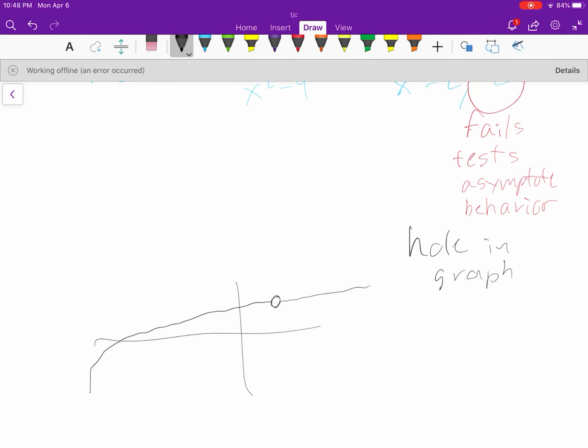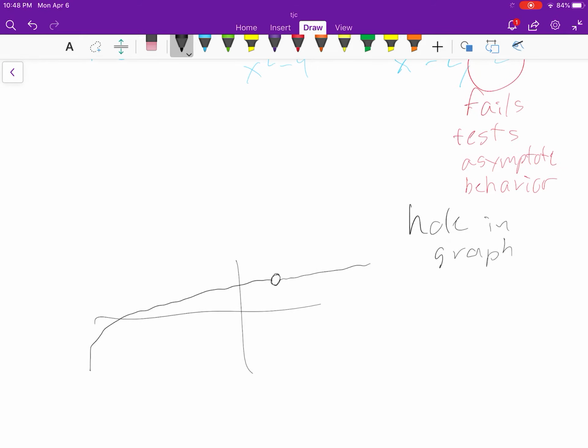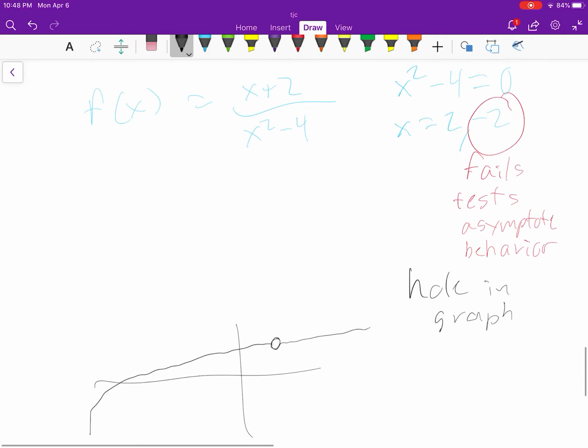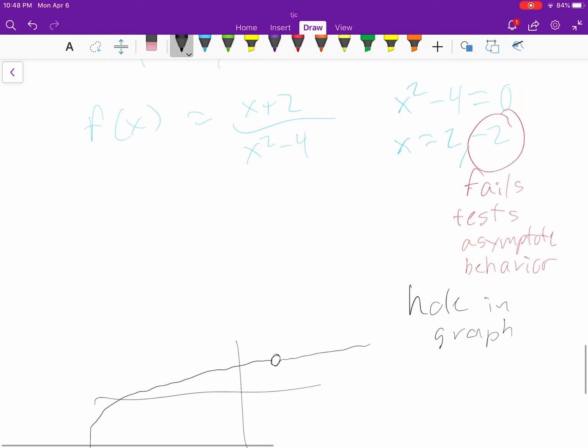Instead, you get a hole. And it looks like that. So it's this hole in the graph where the graph just comes along. It's not spinning off to infinity, but it also doesn't exist. So it's just a hole in the graph. So that's what holes look like.